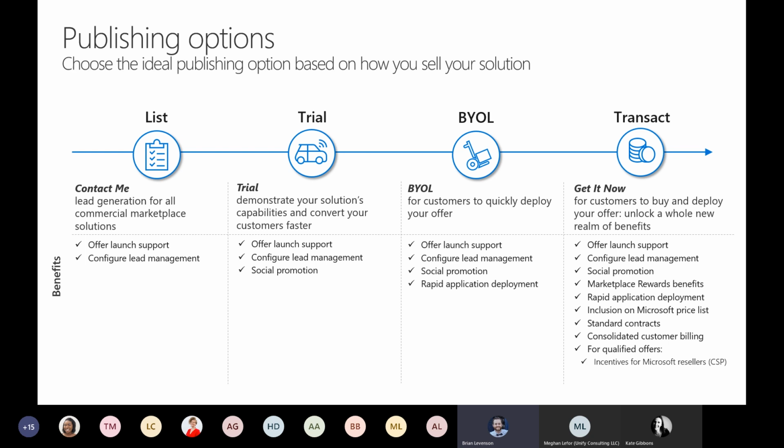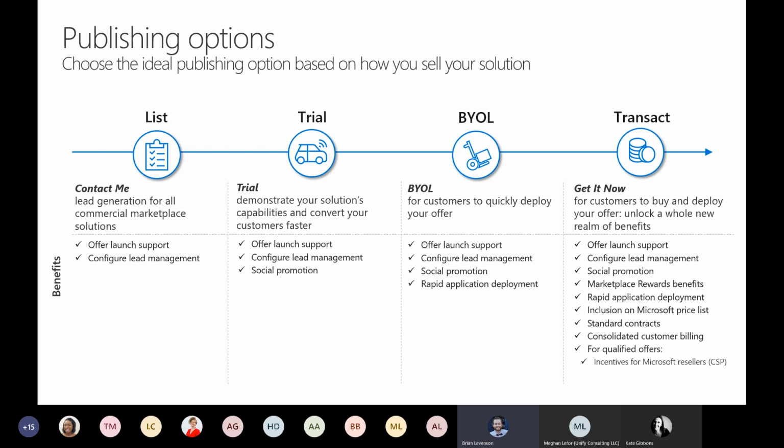Bring your own license is a very interesting offer type that makes it really easy to transition from on-premises into the cloud. Or if you already have robust e-commerce capabilities built or purchased already. And the scenario here is maybe I'm a customer and I'm running my data centers. I have on-premises technology.